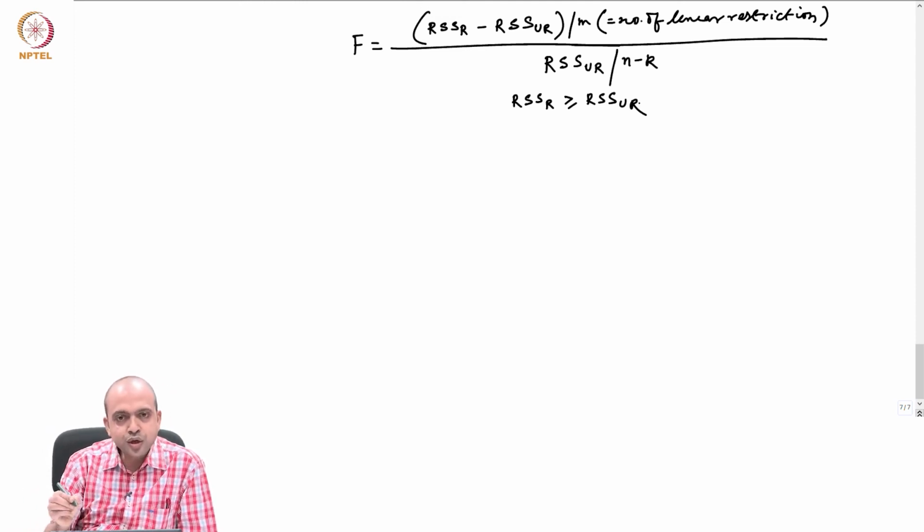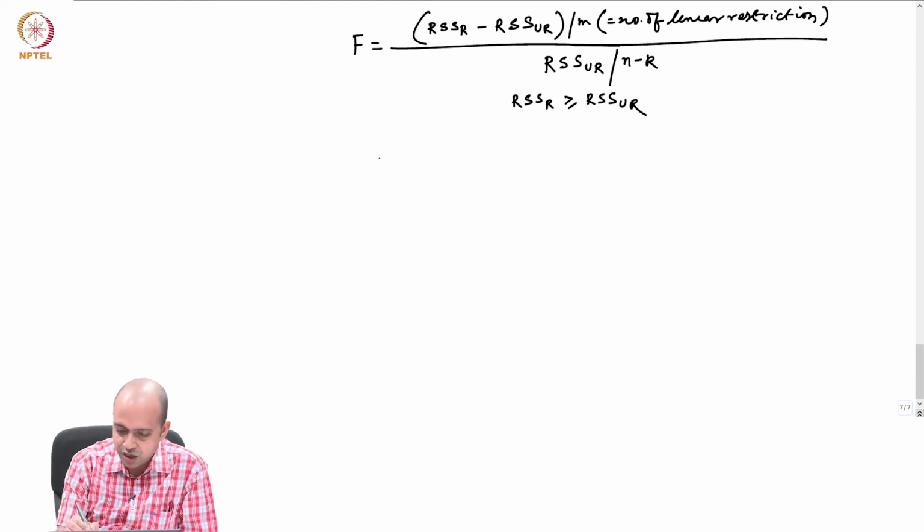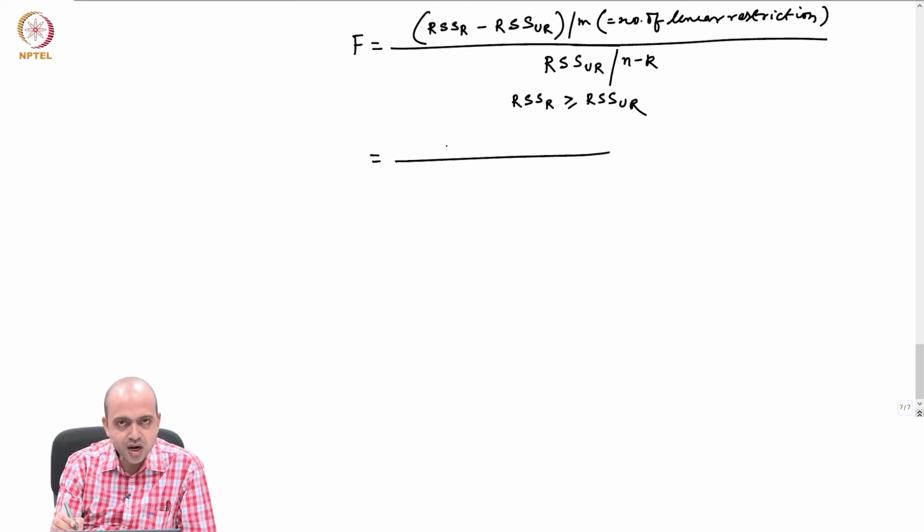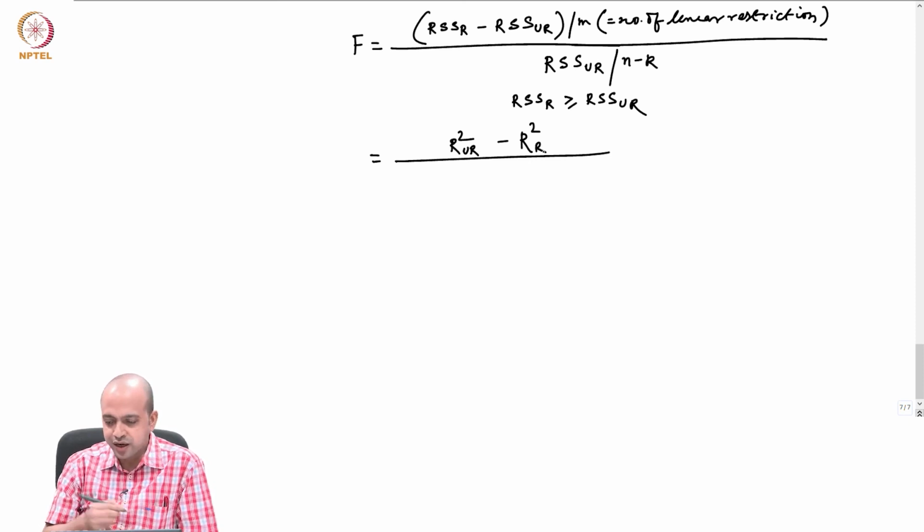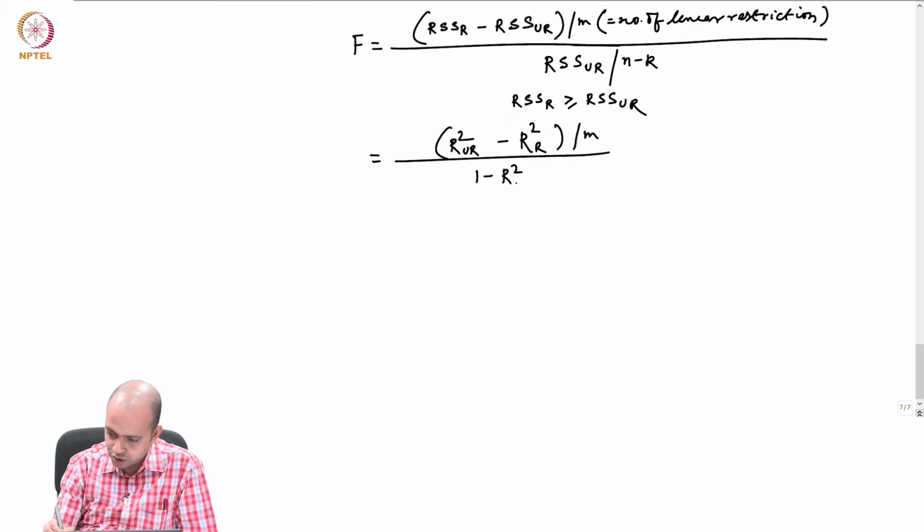If you want to get an R square version of this formula, then that would become like this. So, RSS R you can write as, that means this would become R square. Now, among R square UR and R square R, you can easily understand that R square in the unrestricted model should be greater than, this would become M and this would become 1 minus R square UR. Why am I writing this?